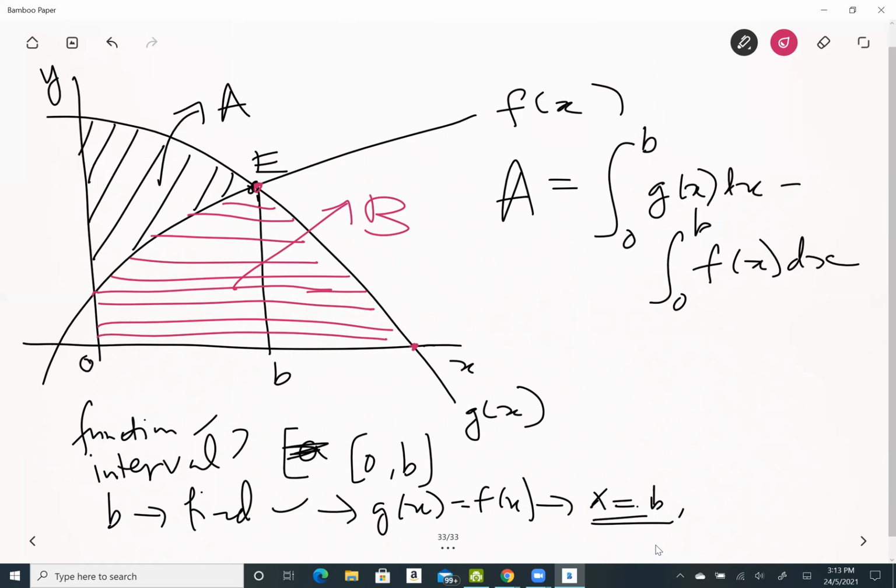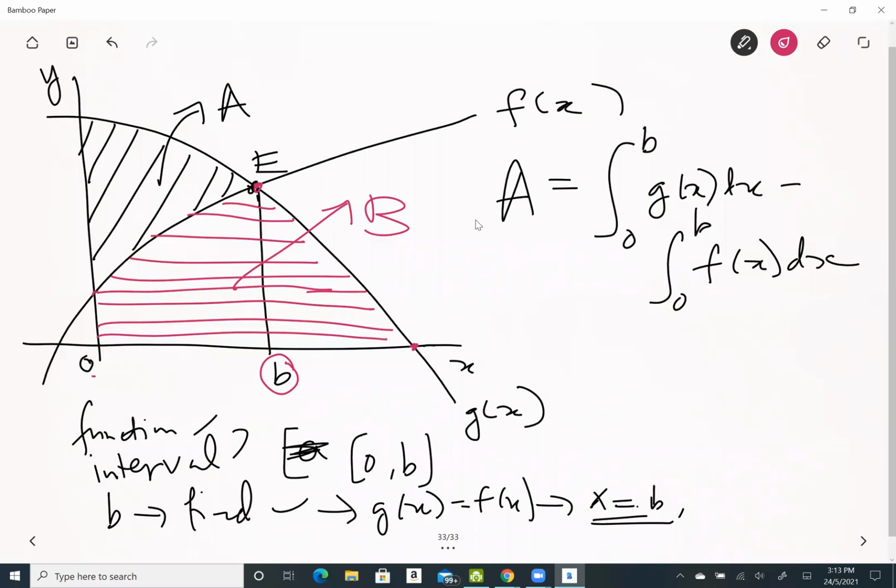All right, it's another area. So we are going to break down the area B into two parts. Like our friend was saying, the first is the area under F from 0 to the intersection. And we already know intersection is B. So that is the first area. All right. Now, what is the second area?